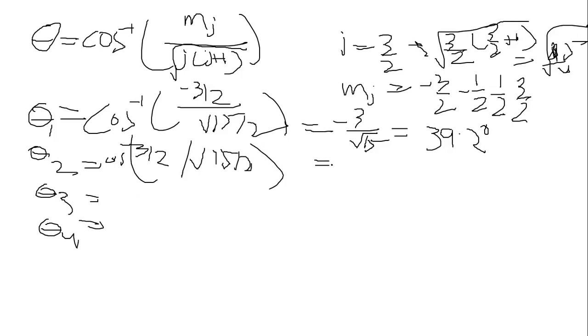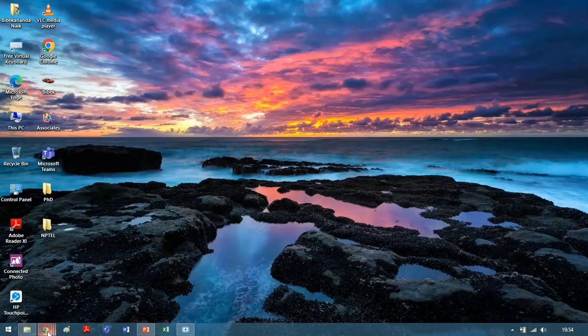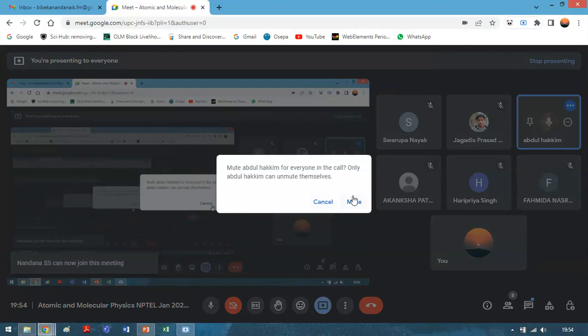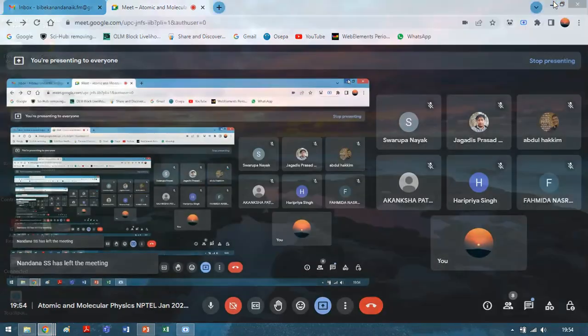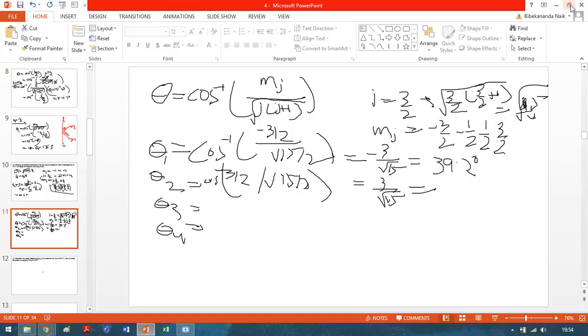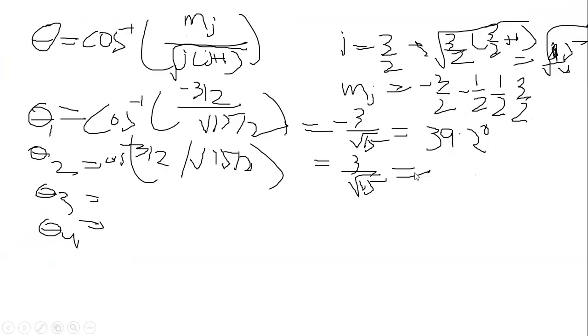So it will be 3 by root 15. So for minus 3 by root 15, it will be 180 minus 39.2.